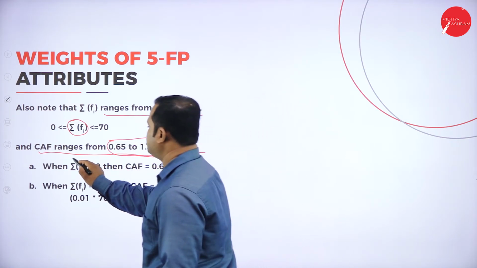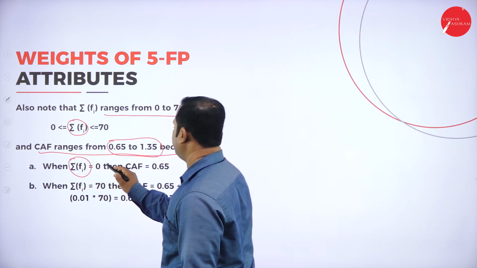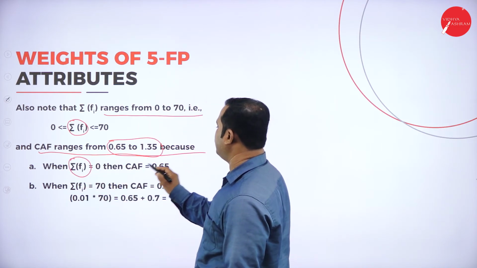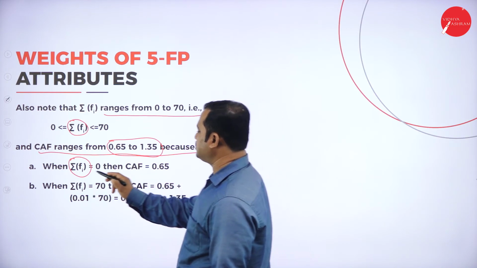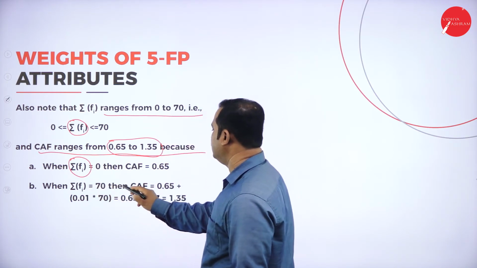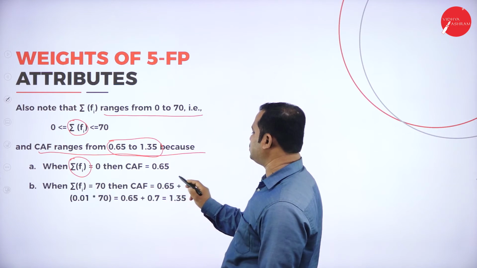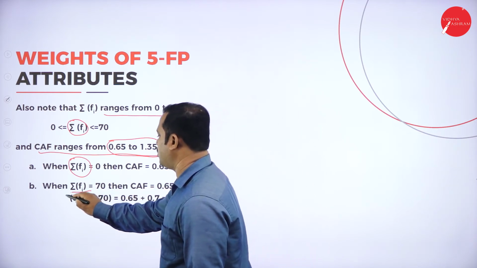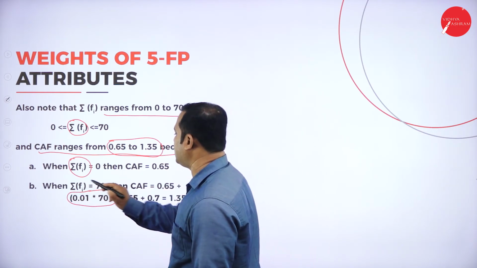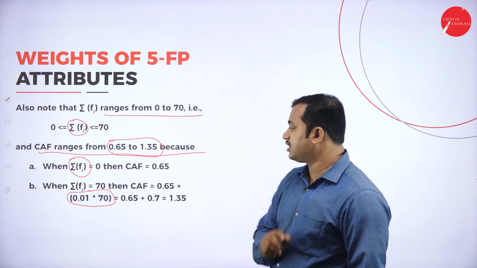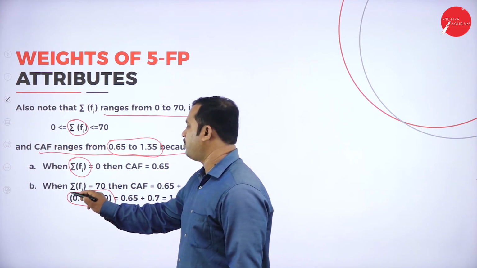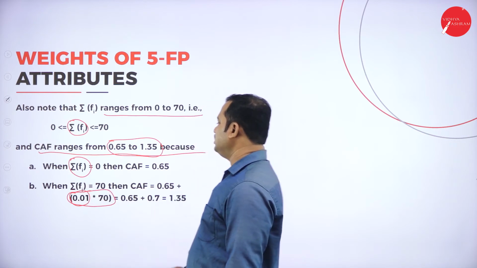Because when summation Fi is equal to 0, CAF is equal to 0.65. When summation Fi is equal to 70, CAF is equal to 0.65 plus 0.01 star 70, where one of the criteria is measured by 0.01.